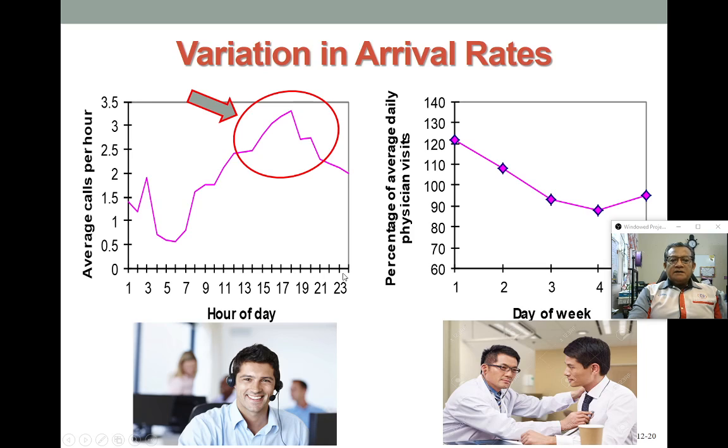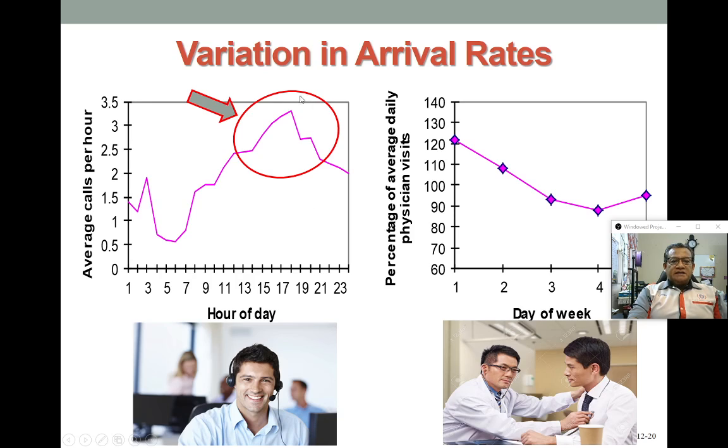So based on the hour in which it is operating, normally a call center is operating 24 hours. Like this hour, 1 a.m., 3 a.m., 5 a.m., 7 a.m., 9 a.m., 11 a.m., and 13 p.m., 15 p.m., up to almost midnight. So it could be deduced that the call center will receive the most number of calls, for example, 2 calls to 3 calls, within hours of 1 o'clock up to the night time, around 10 o'clock.